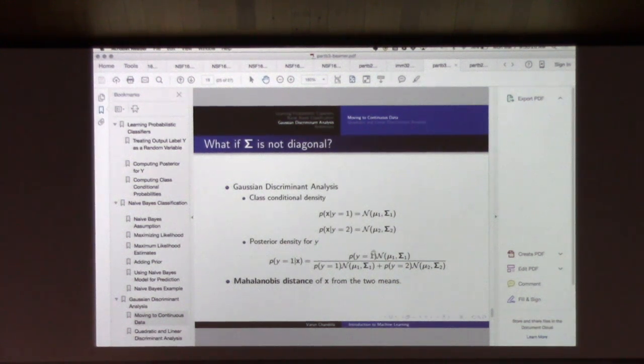This part is just the prior on y. Y is still a binary attribute. Y is your class label, and we model that as a Bernoulli distribution. This is exactly what we did in naive Bayes as well.